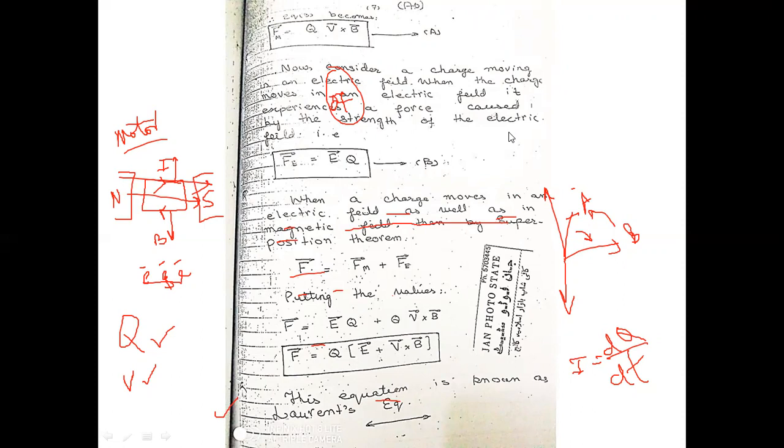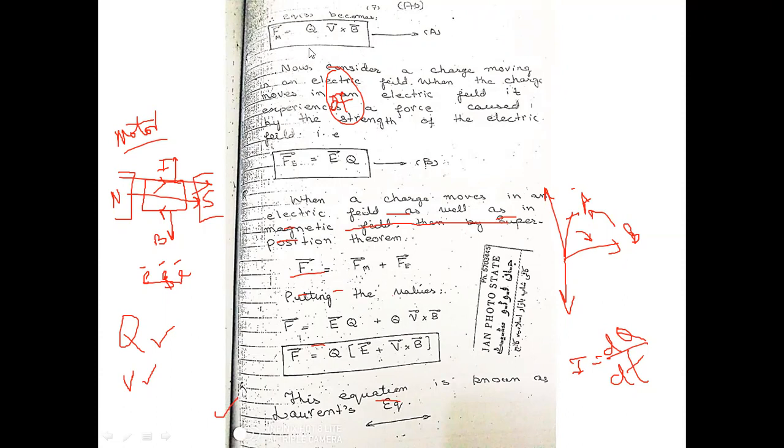Okay, so when a charge moves in the electric field as well as in the magnetic field, then by the superposition theorem we can say that F is equal to Fm plus Fe. Fm is the force experienced due to the magnetic field and Fe is the force experienced due to the electric field. So by the superposition theorem we can add these two.